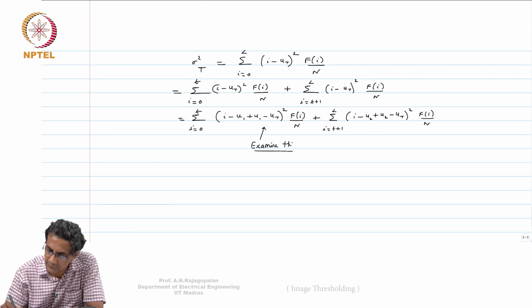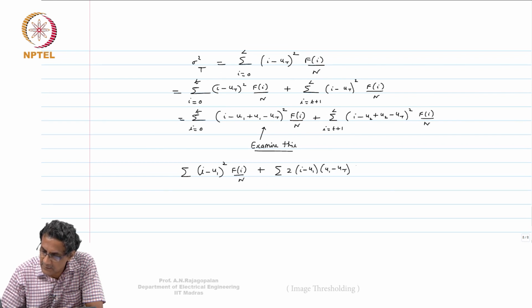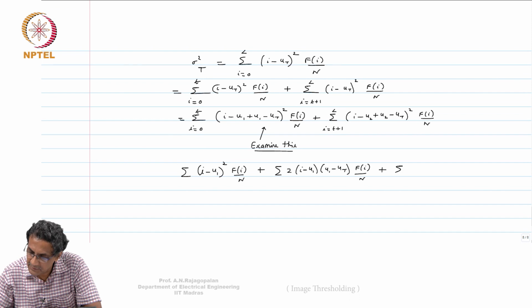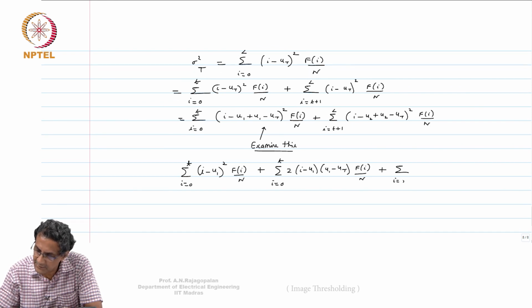You can expand it as summation of i minus mu 1 the whole square times f of i by n, plus summation of 2 times i minus mu 1 times mu 1 minus mu t times f of i by n, plus summation, all the way of course i equal to 0 to t in each, of mu 1 minus mu t the whole square times f of i by n.